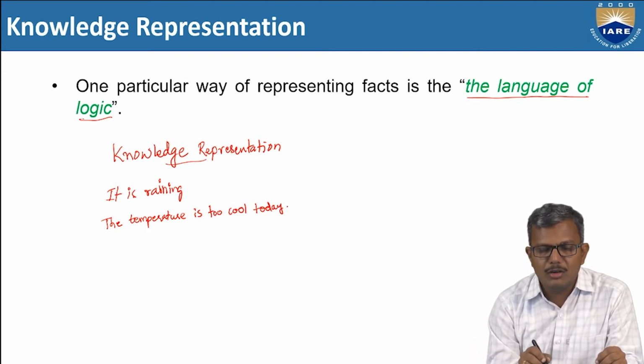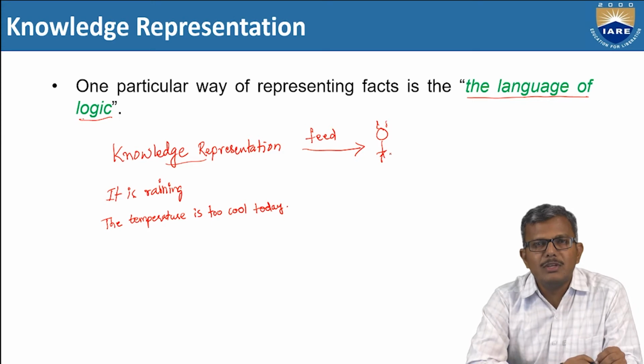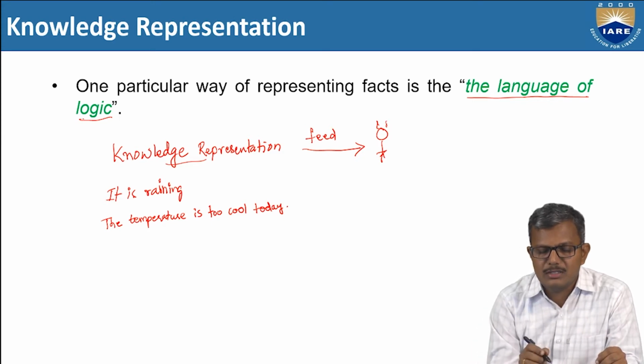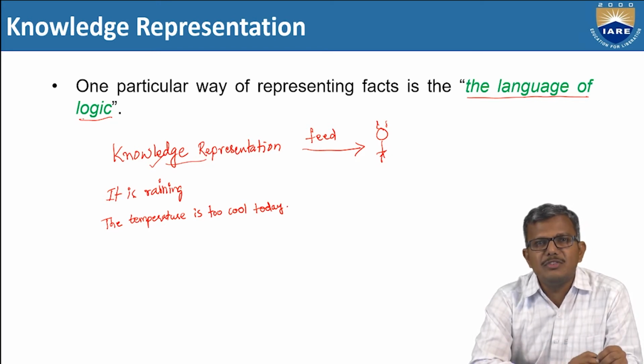But here we are concentrating on representing knowledge that we need to feed to an AI machine. So whatever approach or process we follow to represent this knowledge and make it understood, this kind of thing will not work when we are dealing with machines. A different kind of knowledge representation should be there, so that even the knowledge represented by humans can be understood by the machines during their problem solving.